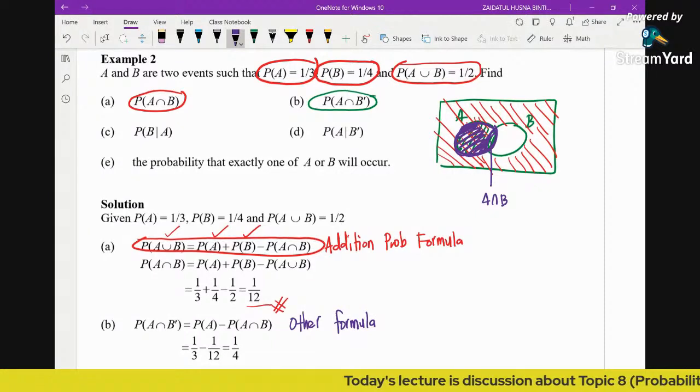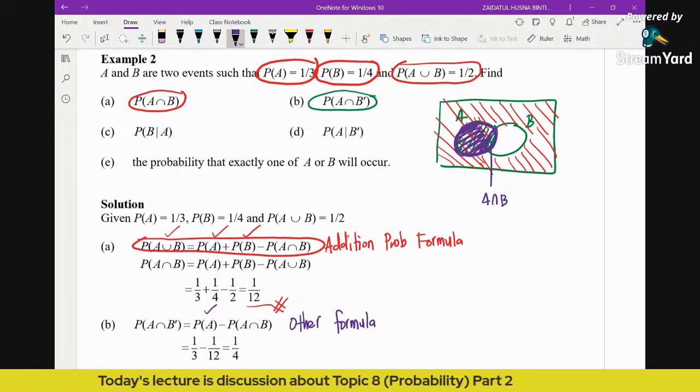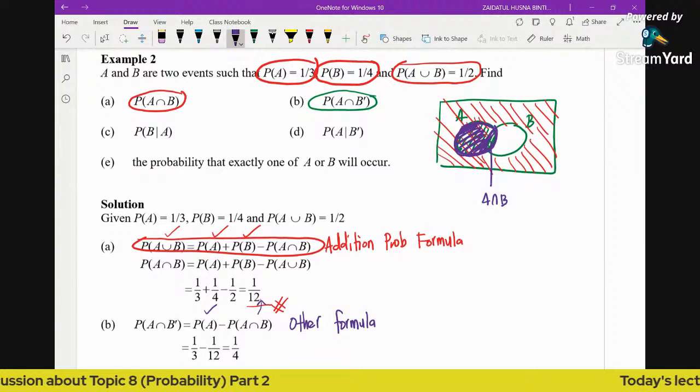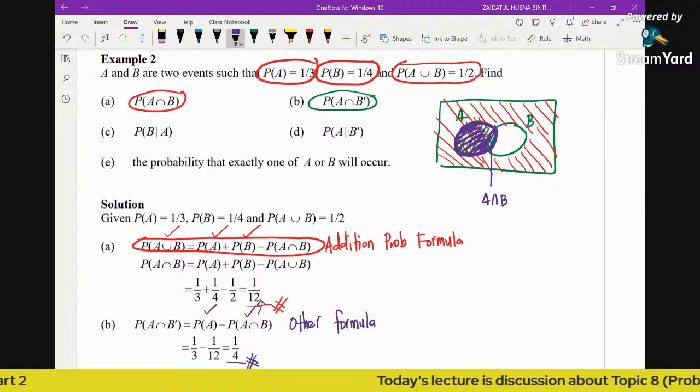Because we already have P(A) and P(A intersect B) has been obtained in the previous part, we can substitute the value and we will get the answer here. So we are done with the B part.